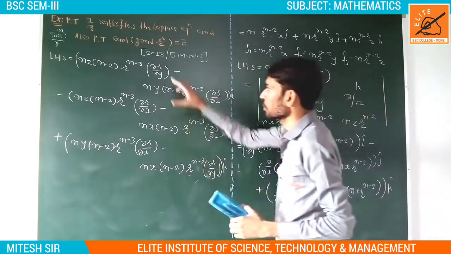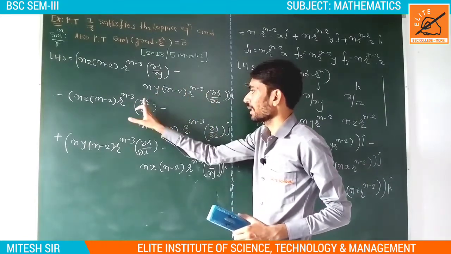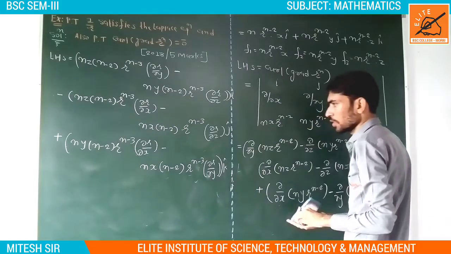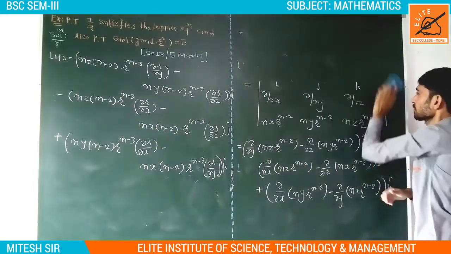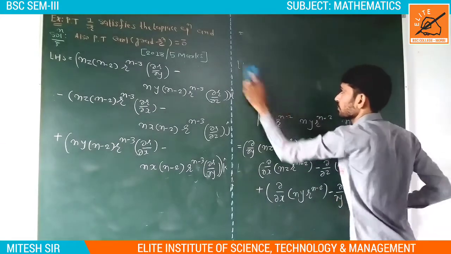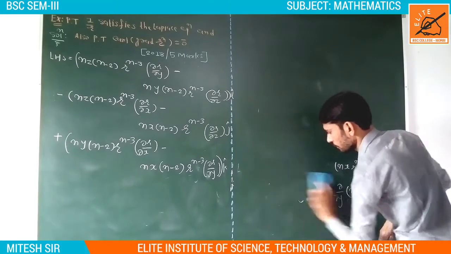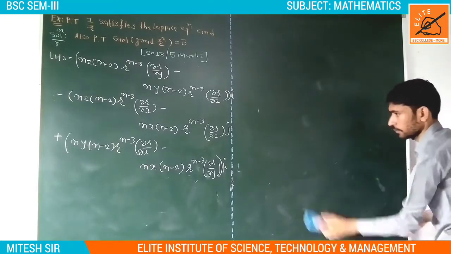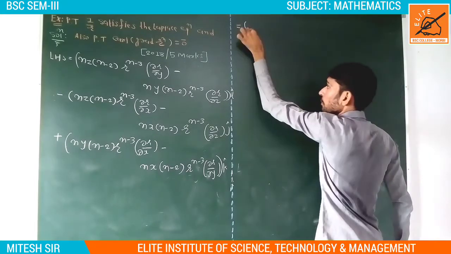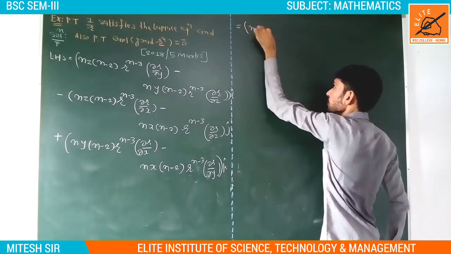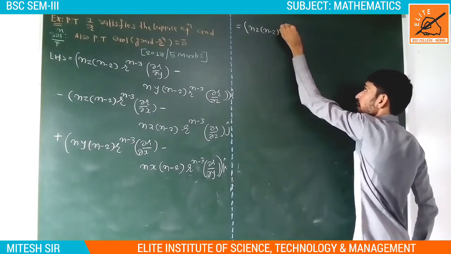Now we just substitute the value of ∂r/∂y. Here we substitute the ∂r/∂z, ∂r/∂x. So here we write as, now we just substitute the value, NZ (n-2) as it is, r^(n-3).